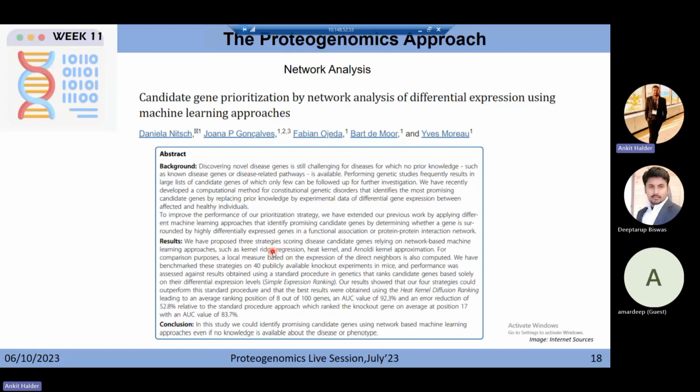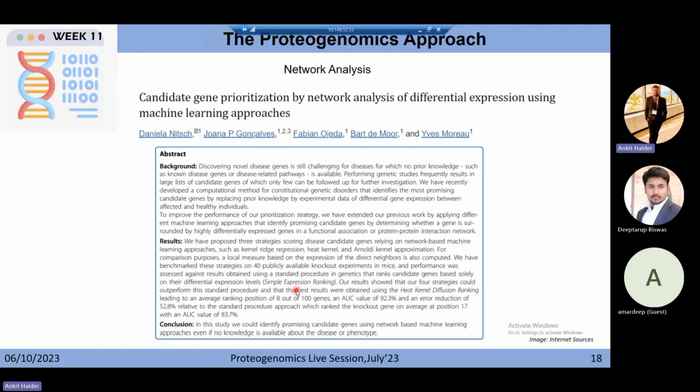Their results have shown that our strategies could outperform the standard procedure, with the heat kernel diffusion ranking leading to an average ranking position of 8 out of 100 genes, an AUC value of 92.3% and an error reduction of 52.8%, compared with the standard procedure, which ranked the knockout gene on average at position 17 with an AUC value of 83.7%.